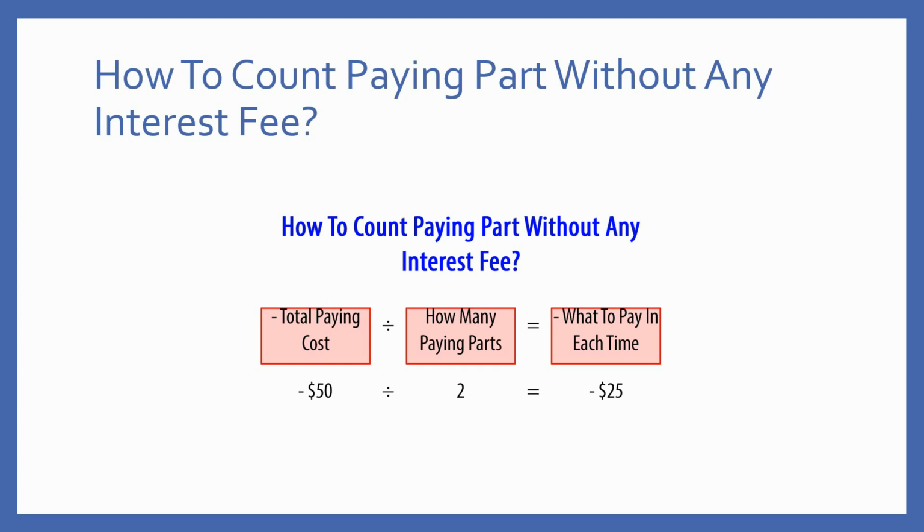And for how many parts you're willing to pay it back, just simply divide by that number, and it equals the negative payment each time. So negative $50 divided by positive 2 equals negative $25. And then another time, you just pay another $25. It's as simple as that.